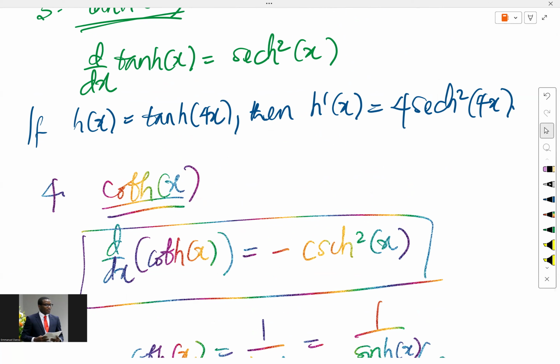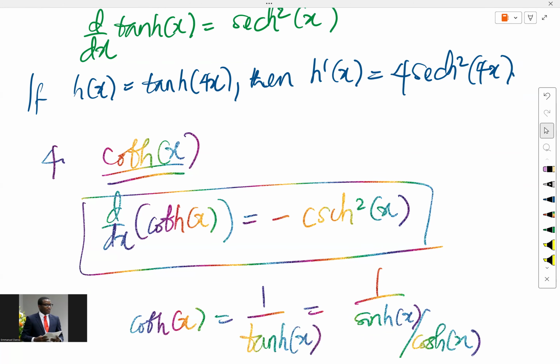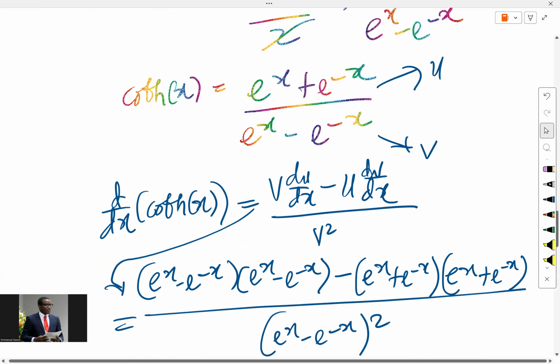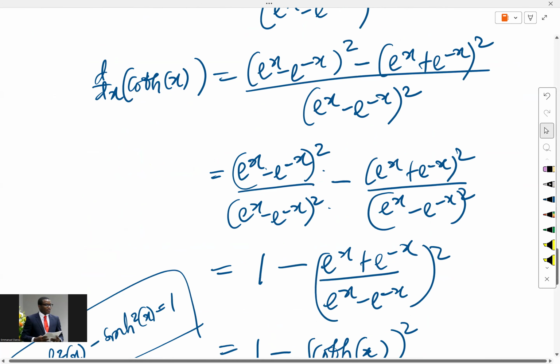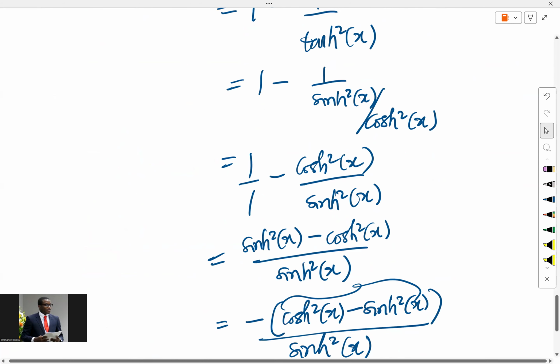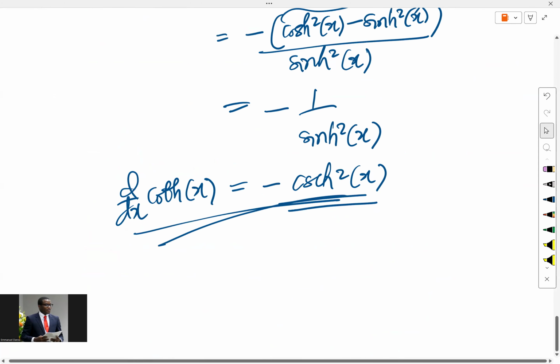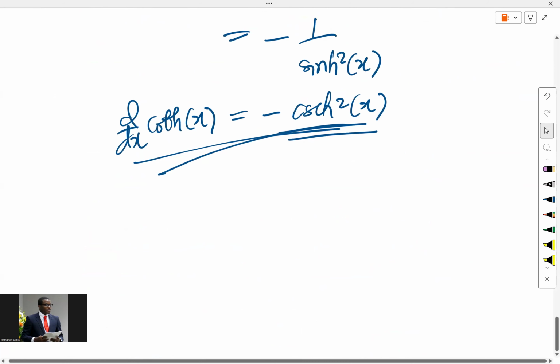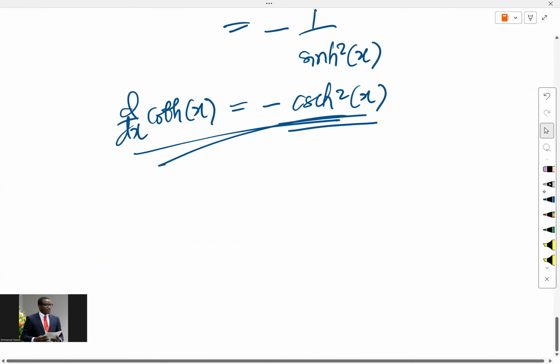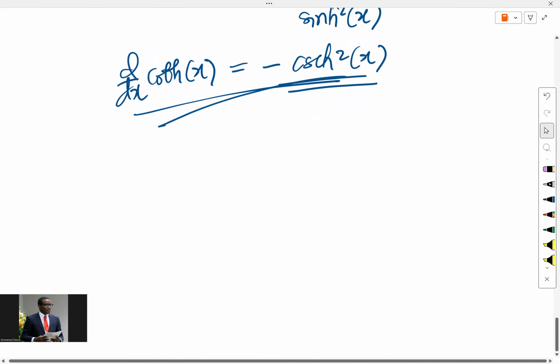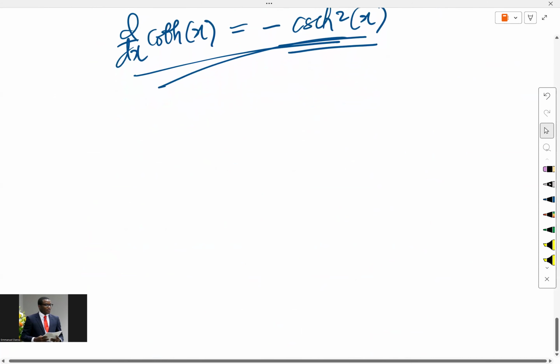Okay, I'm jumping ahead. I'm still in order. Correct. So that is how you differentiate coth x. Probably if you check again, you can see faster ways of arriving at the answer. But this is one way. So that's csch squared x when you differentiate coth x.